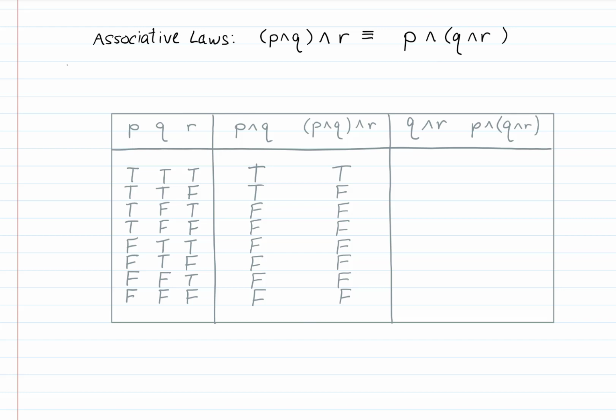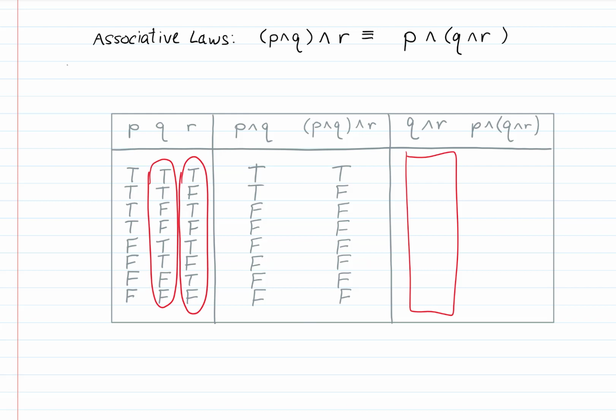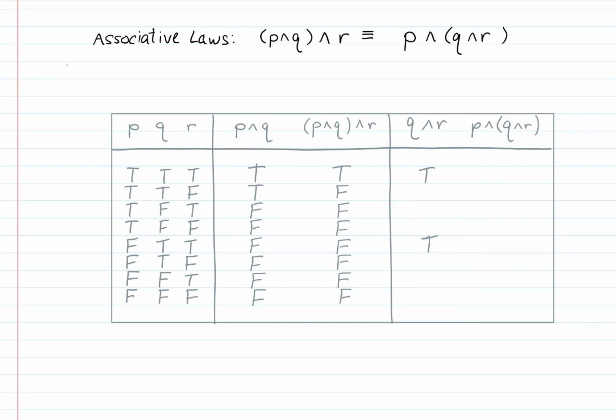So Q and R, that's the conjunction of this one and this one. When are they both true? I see 2 times, here and here. In every other possibility, at least one of the two is false.